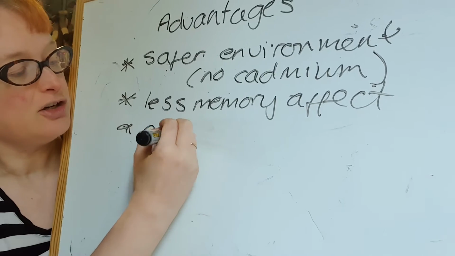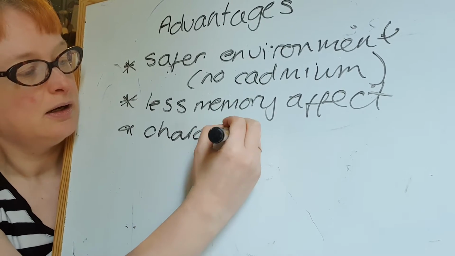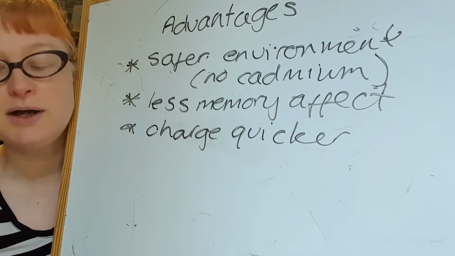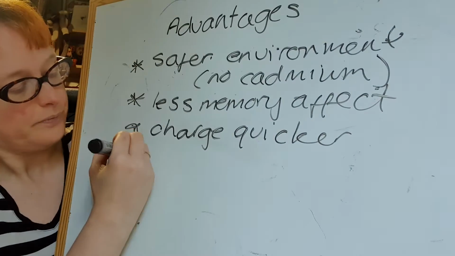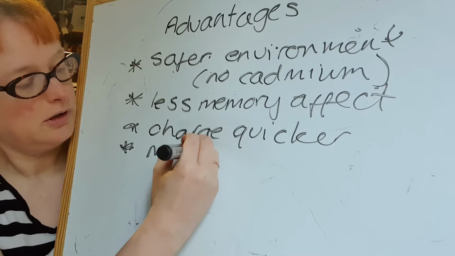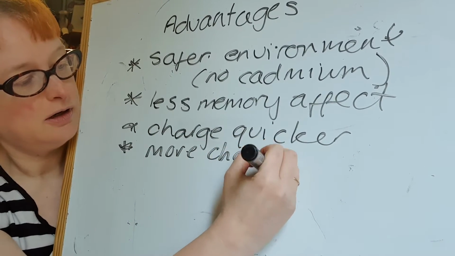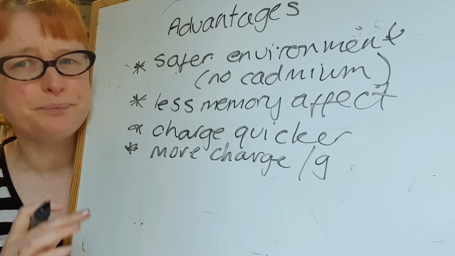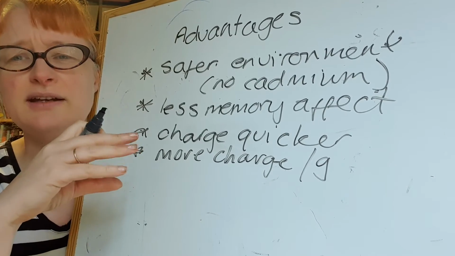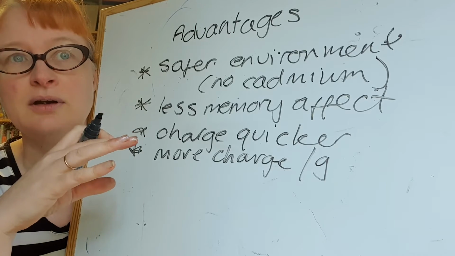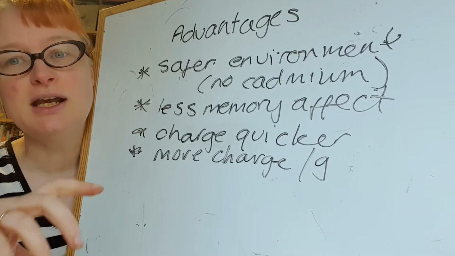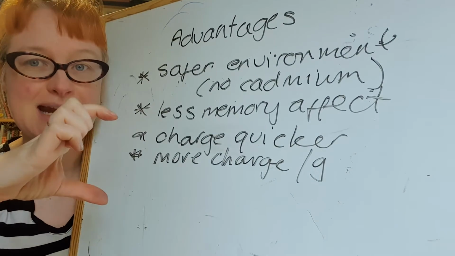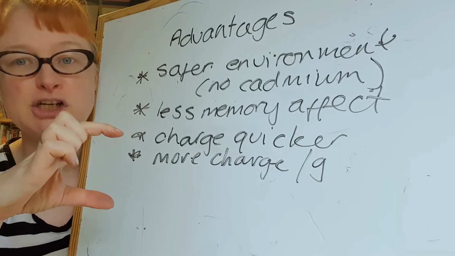These ones charge quicker. That's important. You know, when I have to wait ages to charge things, it's really annoying. And more charge per gram. Again, this is me being an old person who you might not remember, but if you watch any of the old 90s shows, maybe early 2000s, you'll see the laptops, not only was it due to the technology, but very often they were really thick and chunky and heavy, and that was very often just due to this battery.